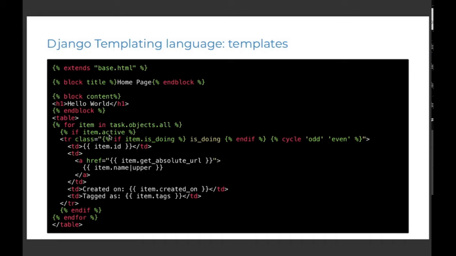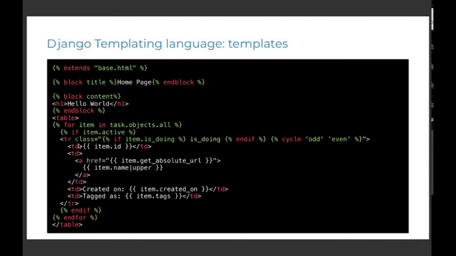If that item is active, I will generate a table row, and the table row would have a class of isDoing if the item is currently being done, and then I would cycle between odd or even depending on whether it's in an odd numbered position or even numbered position.